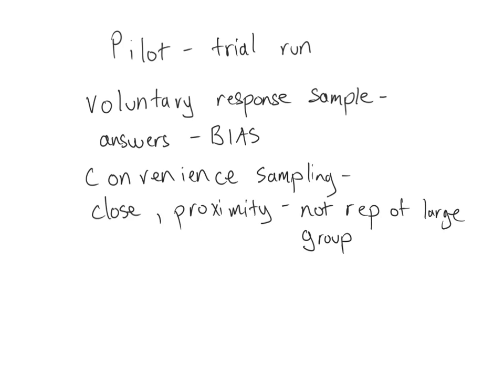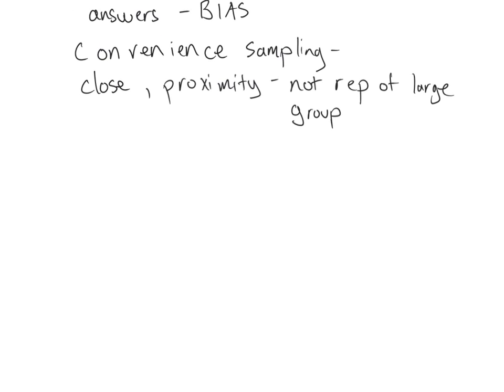However, convenience is good if you have a homogeneous group and the sample size is smaller. So convenience is not completely bad, but it's not very representative of a big group.